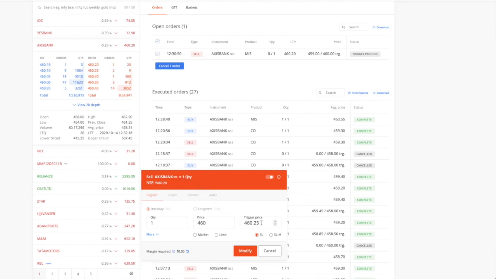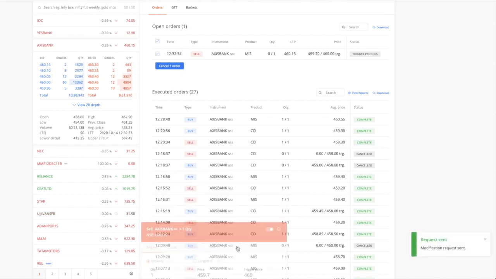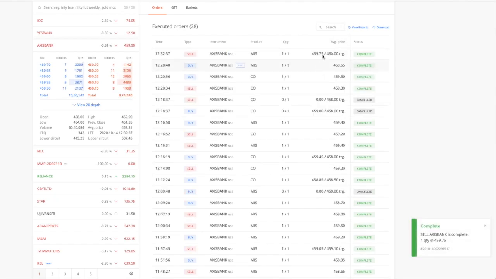Okay, it's coming down. I keep my trigger at 460 with my limit at 459.7. So if the price touches 460, my order will get fired. Okay, it got fired.